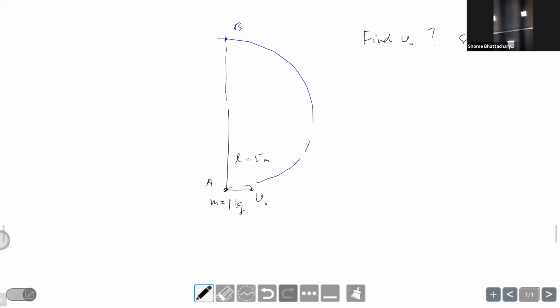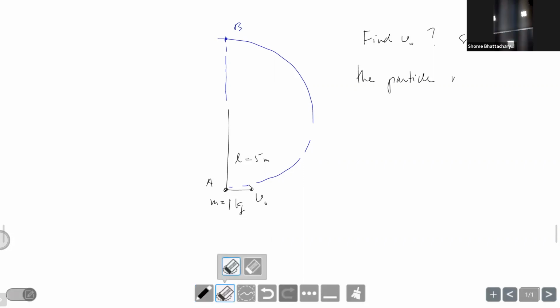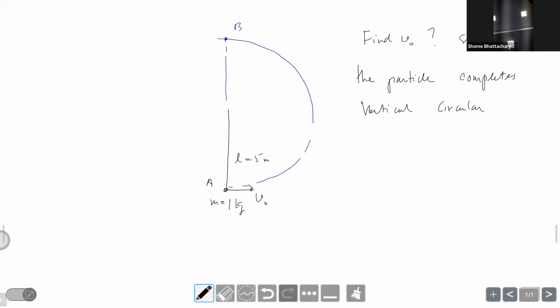such that the particle completes vertical circular motion, and at the highest point, point B, the tension is 5 newtons.